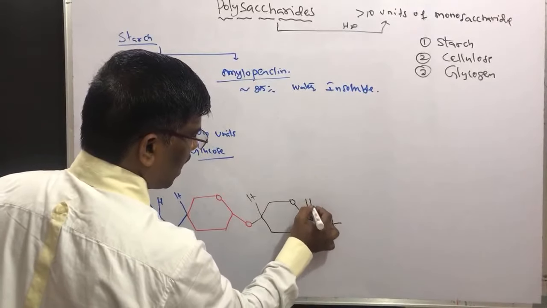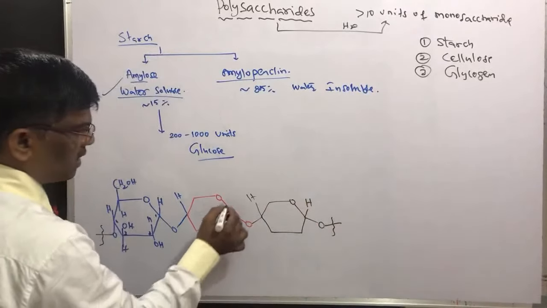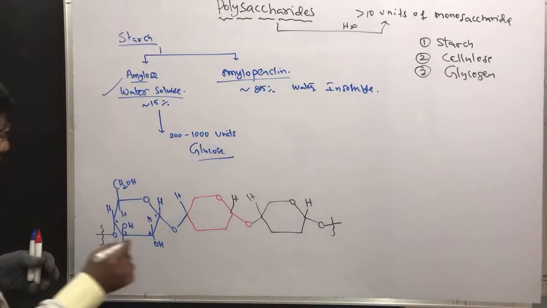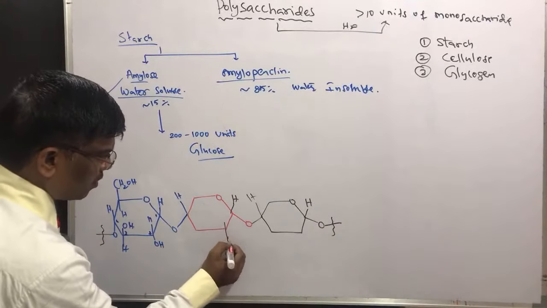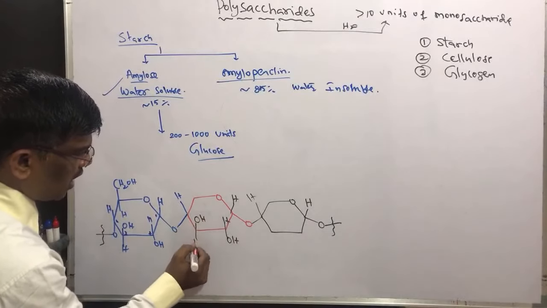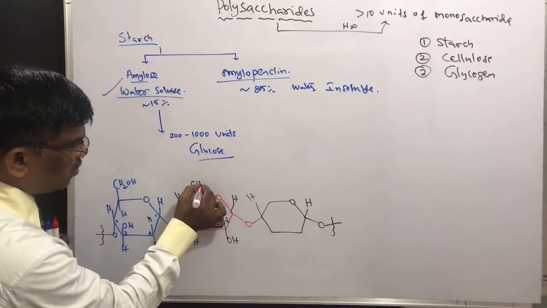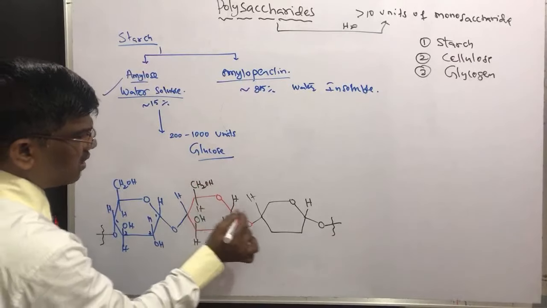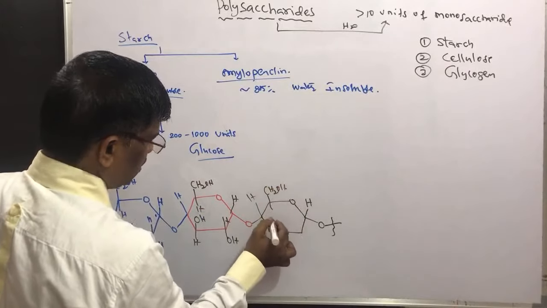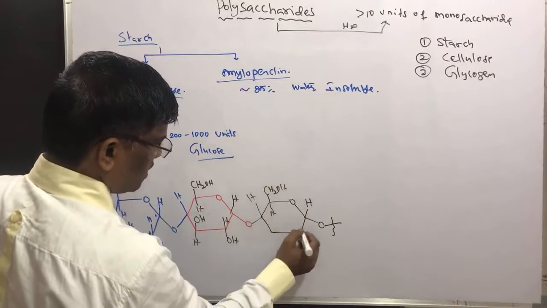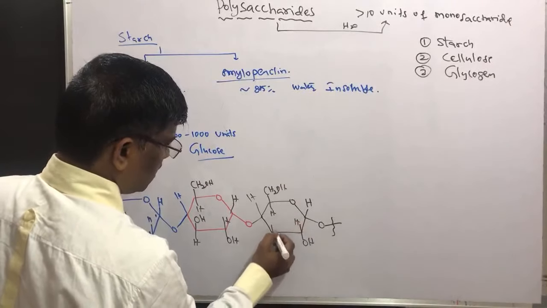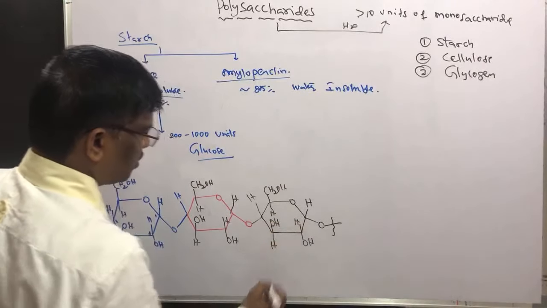So remaining hydrogen, yes, it is hydrogen. And what about glucose remaining? Yes, you can fill it up. OH, hydrogen, OH, hydrogen, CH2OH, hydrogen, and this is CH2OH, hydrogen, and this is OH, hydrogen, and this is OH, hydrogen.